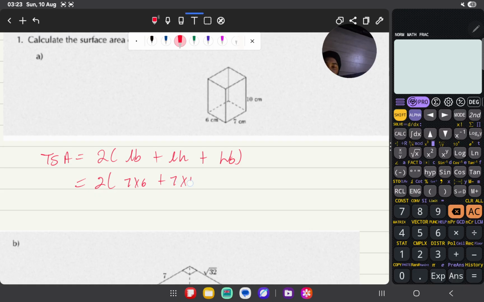So 2 into 7 times 6 plus 7 times 10, 70, plus 10 times 6. Close the bracket. Okay, so then the total surface area becomes 344 centimeters squared.